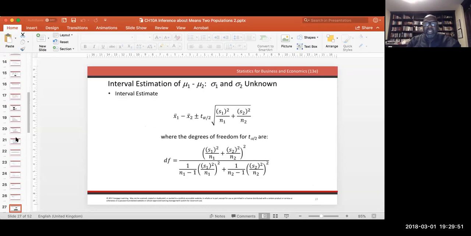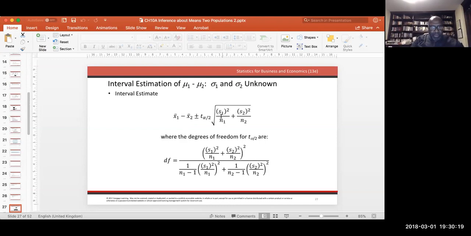It looks very similar to the other one, X bar 1 minus X bar 2. But notice now we've replaced the critical value with the T value, T alpha over 2, which basically means the T value when you have alpha over 2 in the tail of the distribution. And then S1 squared over N1, S2 squared over N2.